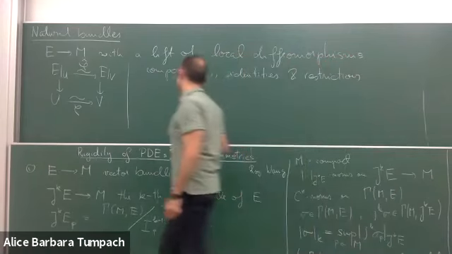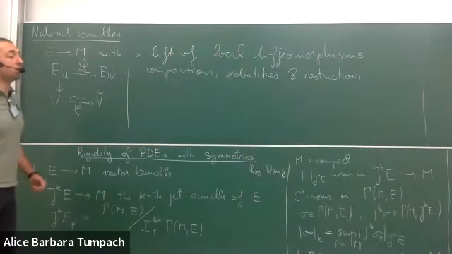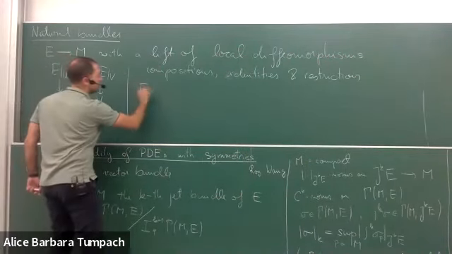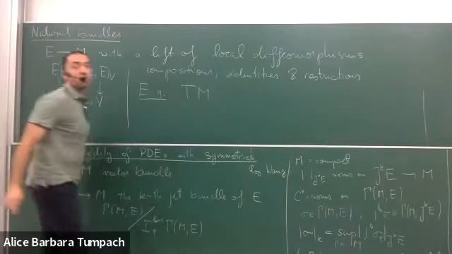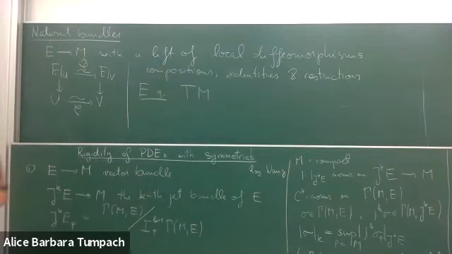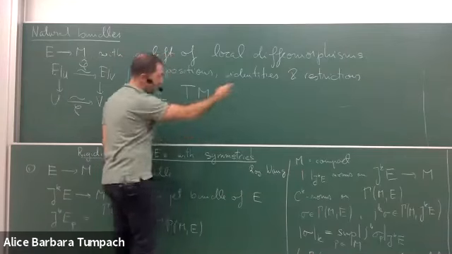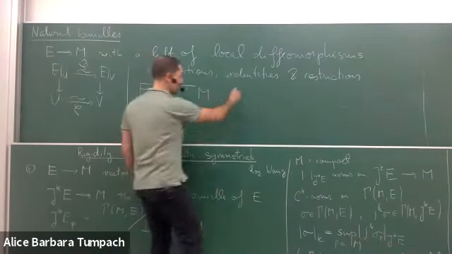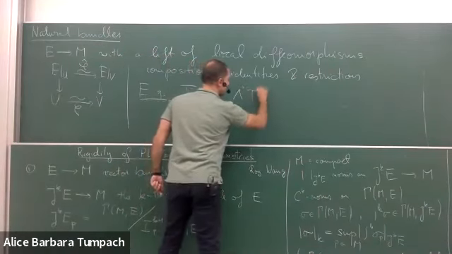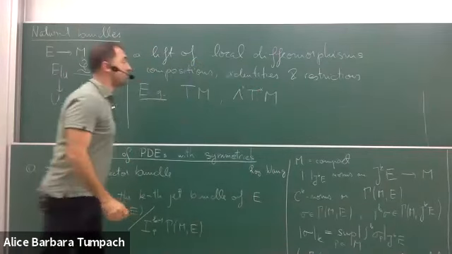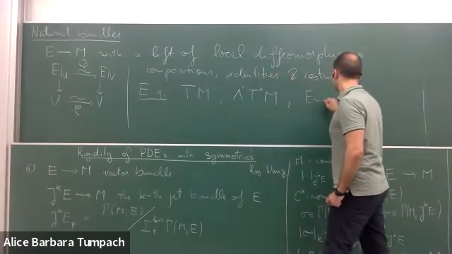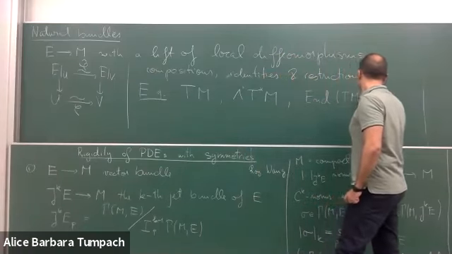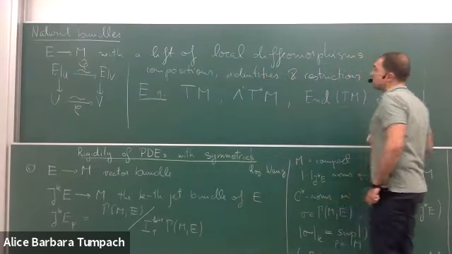And then the standard examples of natural bundles are the tangent bundle, of course, where the lift is simply the differential of the local diffeomorphism. And then a lot of bundles which are built out of this, so differential forms, homomorphisms, and so on.